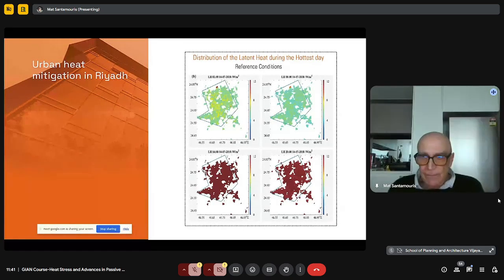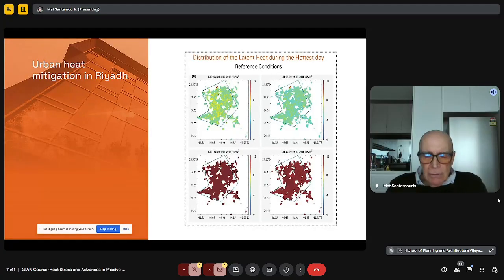And we have to know also the losses. And we really have to assess the losses at every point of the city and compare gains and losses. And at the end, we have to try a mitigation strategy which decreases the gains, decreases the sensible heat, and increases the losses, increases the latent heat.